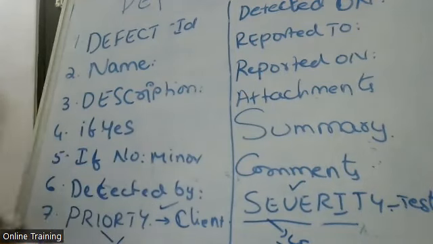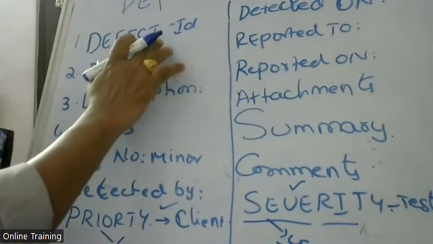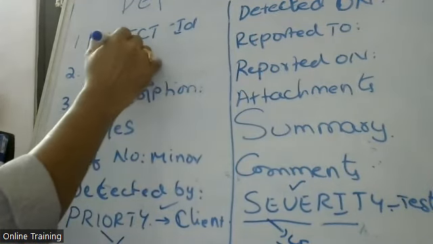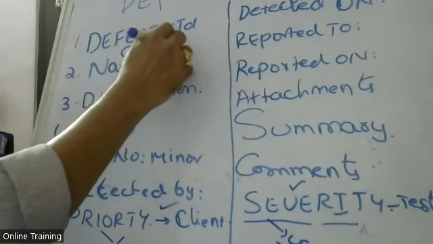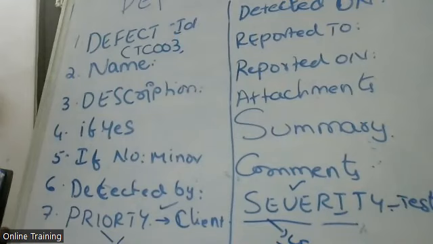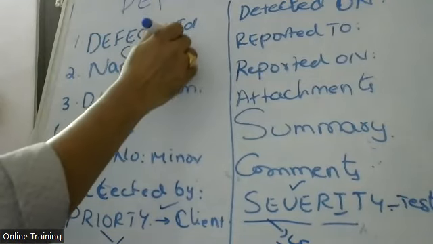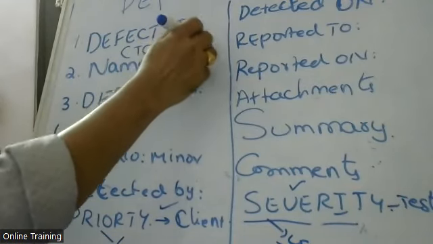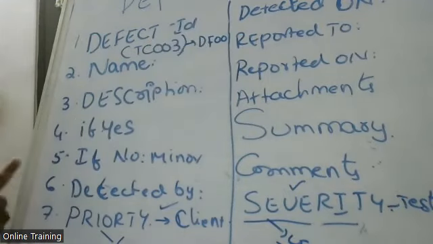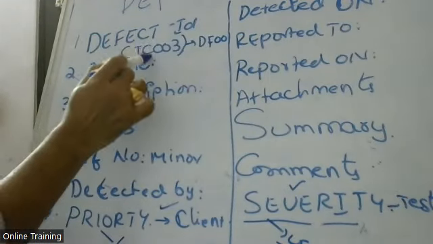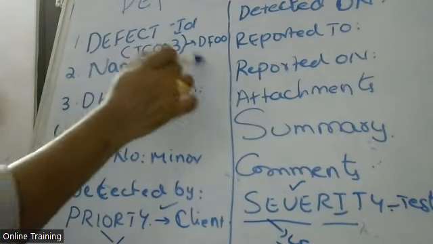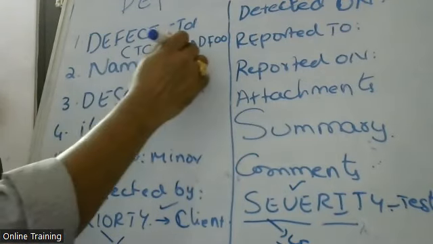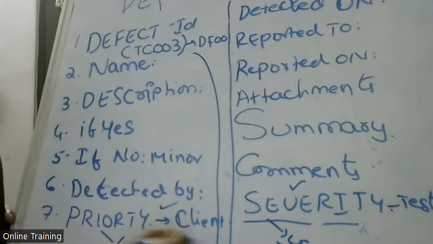One more most important field is the defect ID. In the defect ID, you mention which test case has failed. For example, if the third test case has failed, we need to mention that test case with its defect report, DF001. So test case 3 with the first report. This is called a traceability matrix.